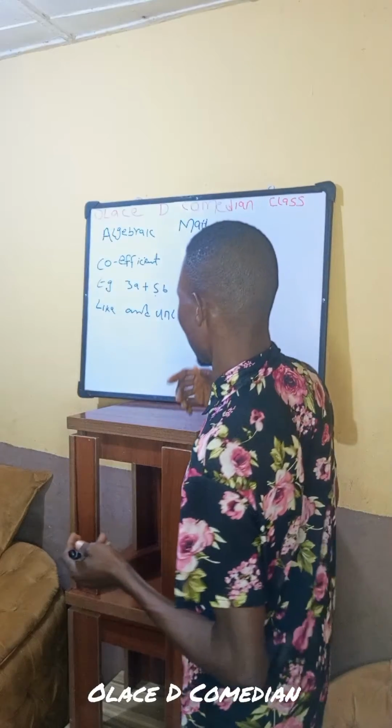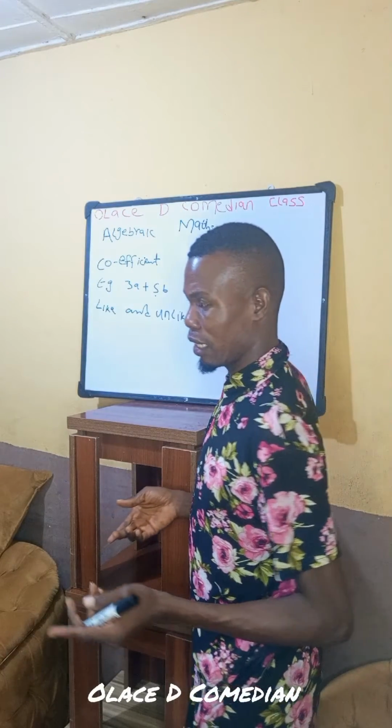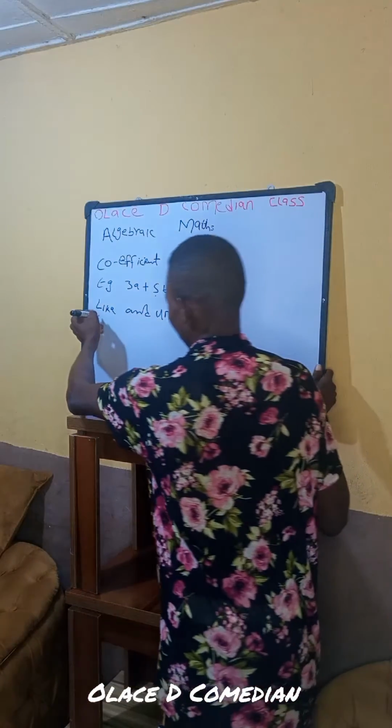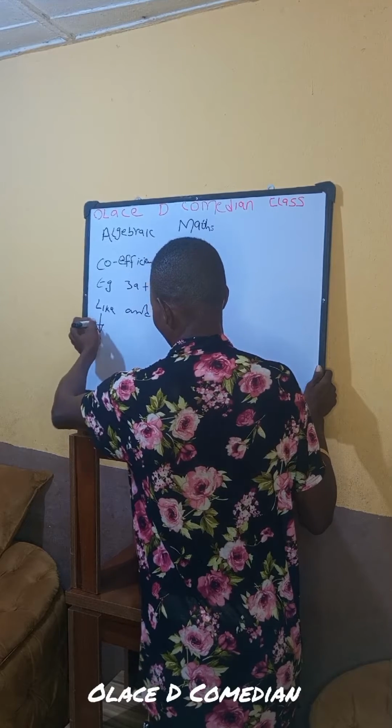Now we are talking about like terms, that they are different in numerical, but they are the same in letter. We are talking about an example of like terms now. We say e.g. now, example of like terms.